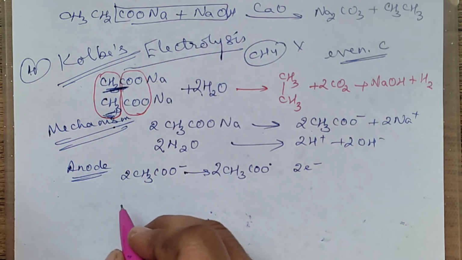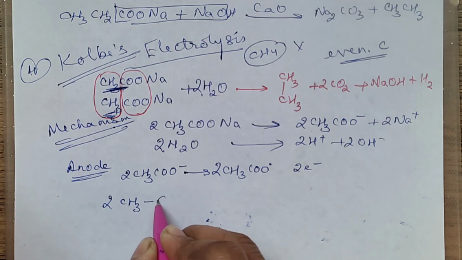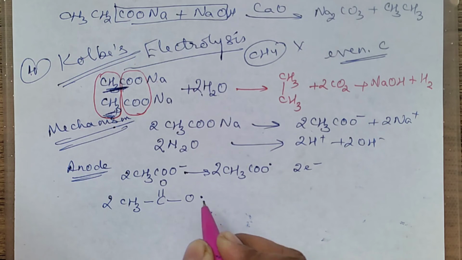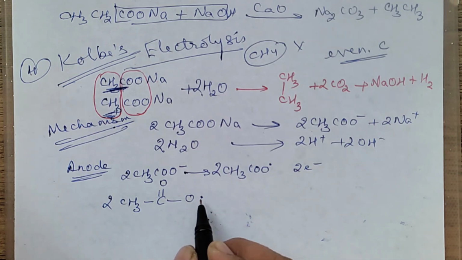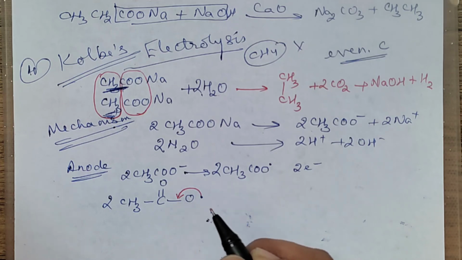Then what happens in the next step is, let me write down this acetate in this manner, COO. You have O here, you have one odd electron present here. It's a free radical of acetate. Now this odd electron moves this side, tries to make this carbon double bond, but with just 1 electron it cannot be a double bond.